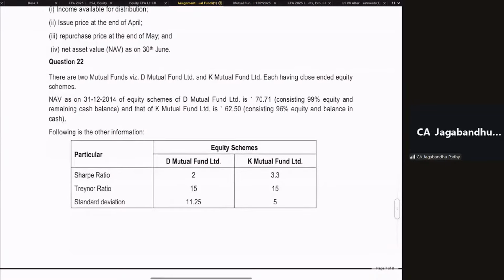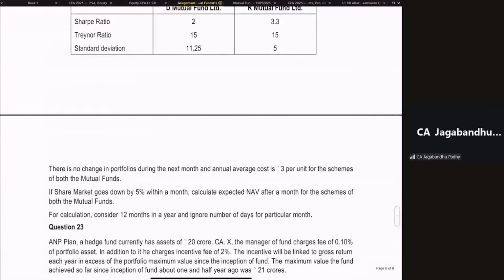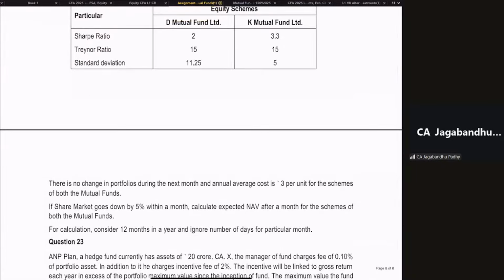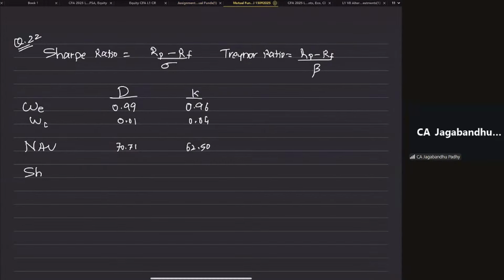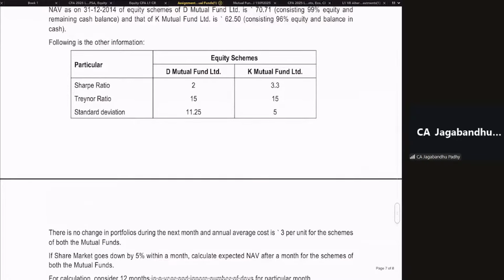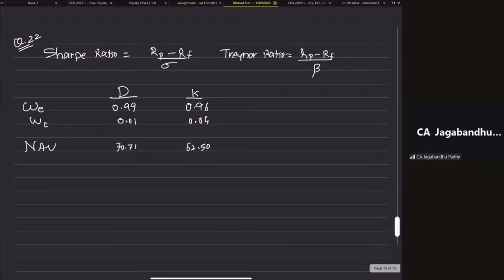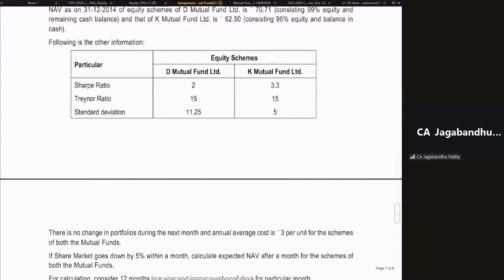Also, we have the information regarding the Sharpe ratio, Treynor ratio, and standard deviation. First, let's talk of the Sharpe ratio. We have the standard deviation numbers. D and K have a standard deviation of 11.25 and 5.